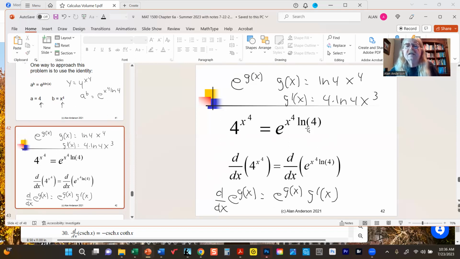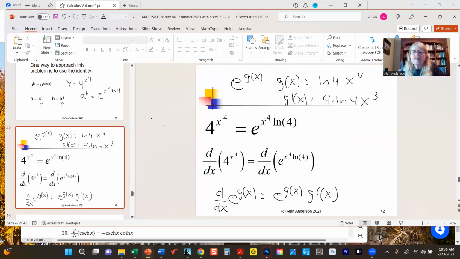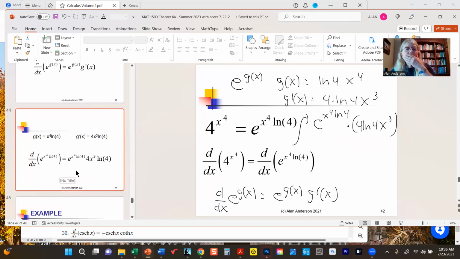So where will that take us? That should give us e to the x to the 4th log 4 times 4 log 4 x cubed. I'm a mess, but that is the correct answer.